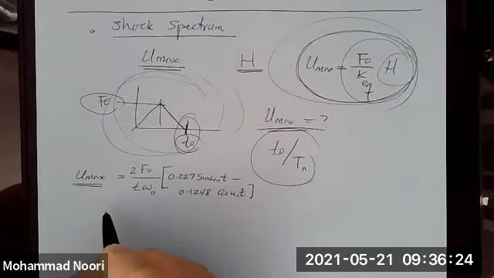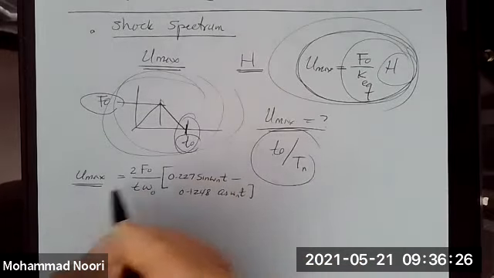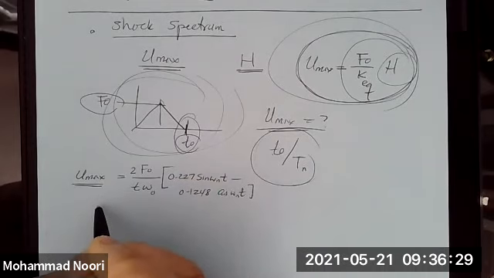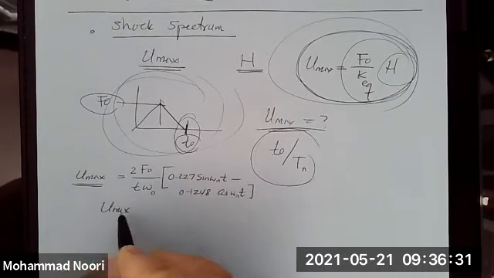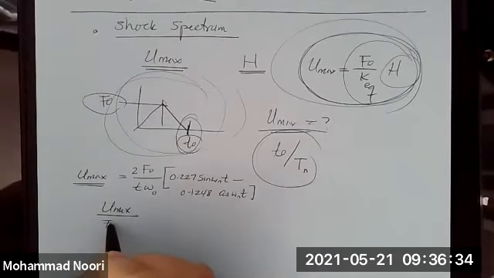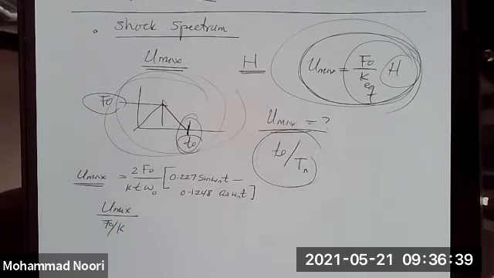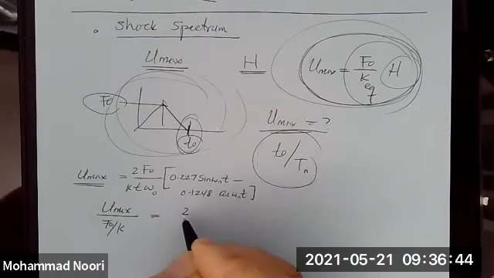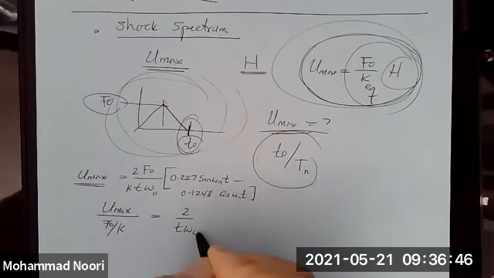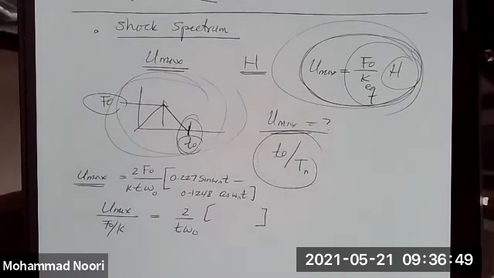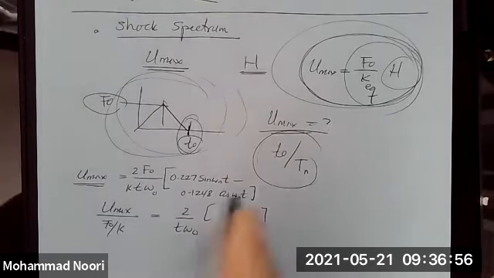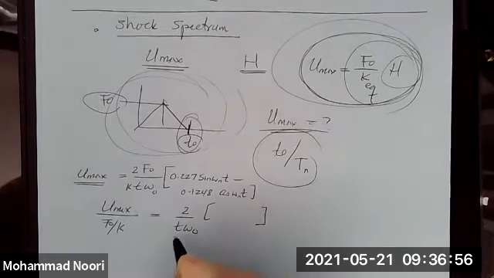In other words, for that problem, you could see that U max over F0 over K was a function like this, T naught omega naught times this, okay? And in fact, this was T naught, okay?